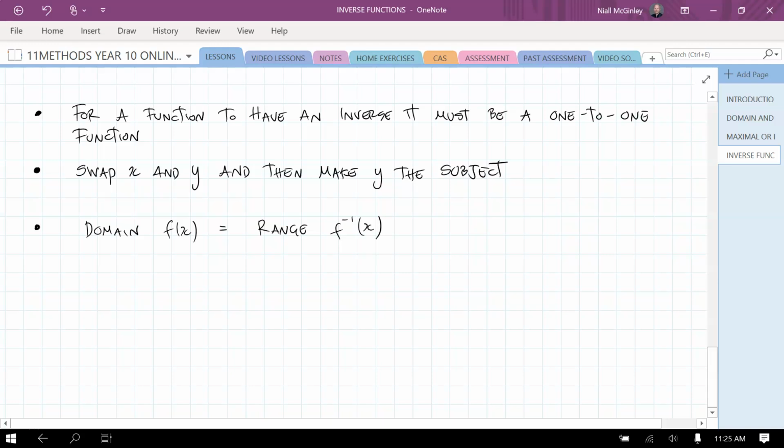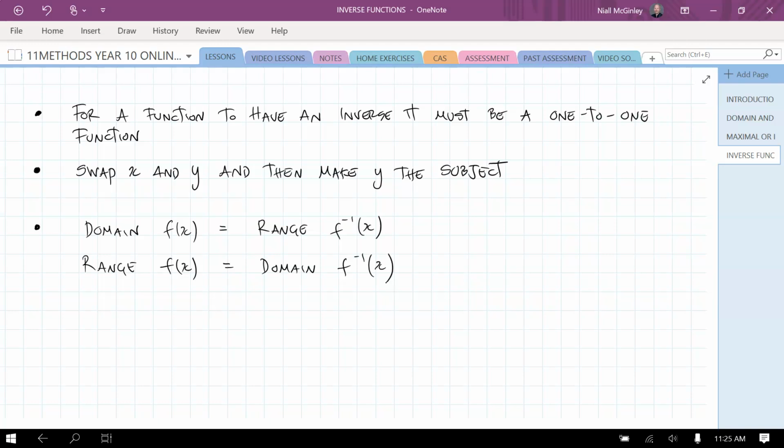If you swap x and y, then the domain and the range will interchange also. That also means that the range of your original function is going to be equal to the domain of your inverse function. This is very important, that the domain and the range swap from the function to the inverse function.